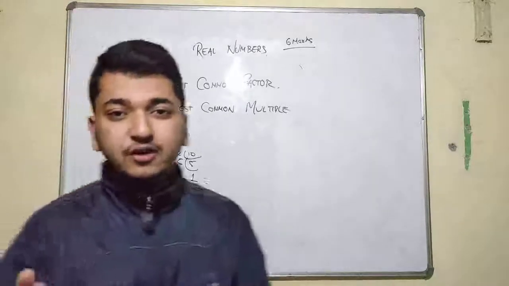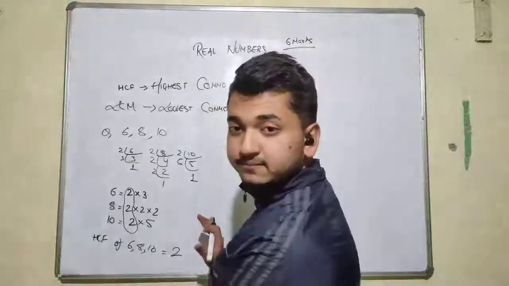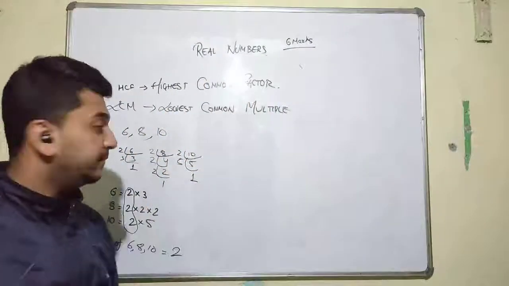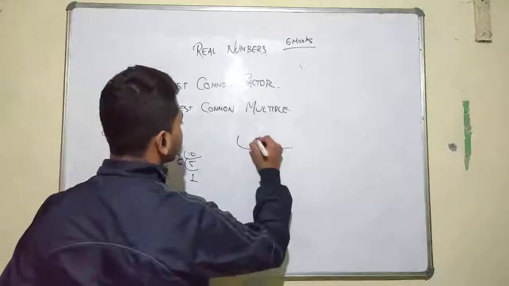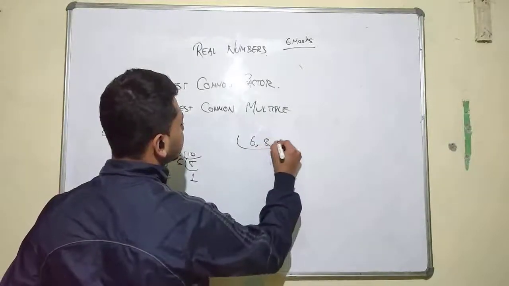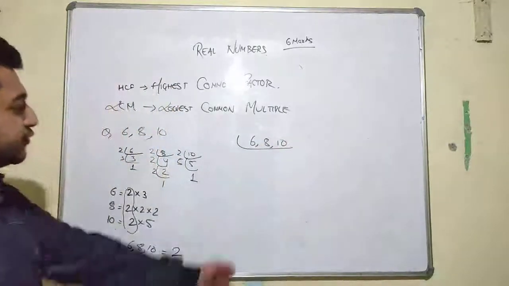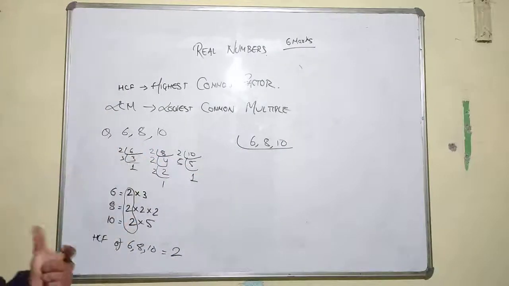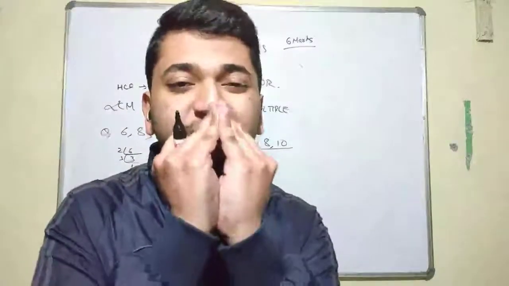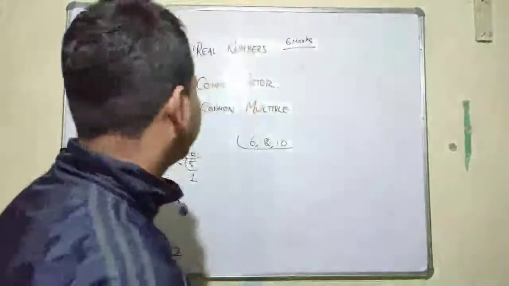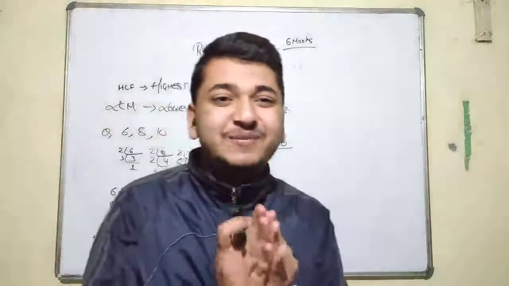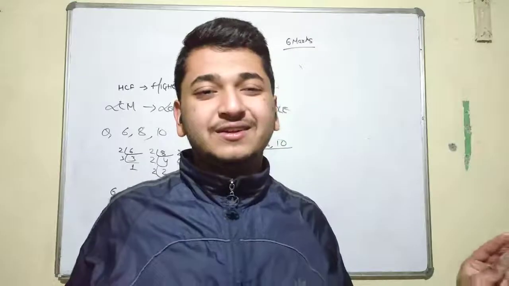I hope you have got what HCF is. Now for LCM: 6, 8 and 10. Generally we use the earlier method, and we can take our answer from that, but there is another way of doing it, dividing by common factors, which people use.